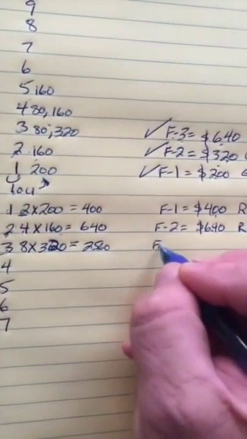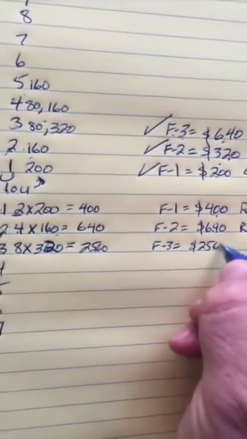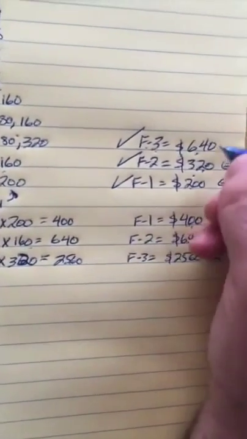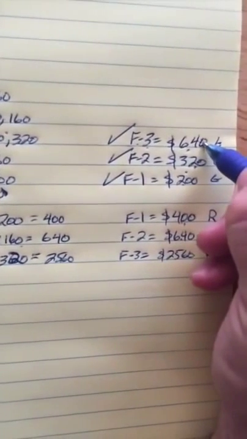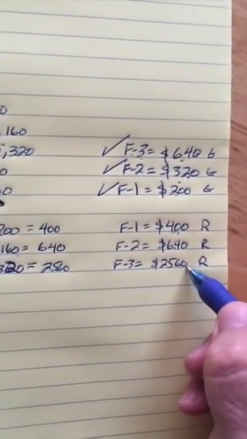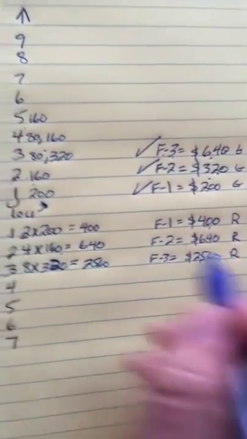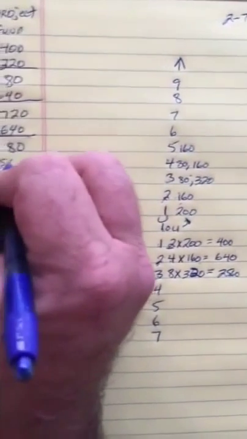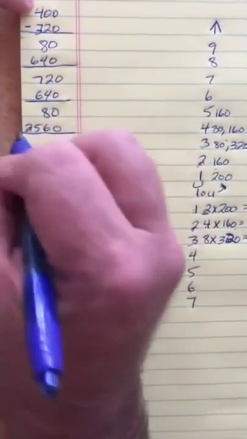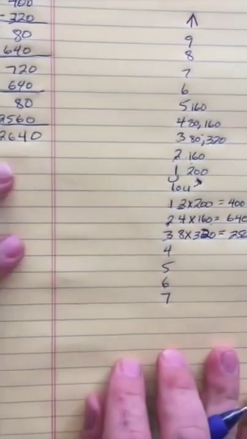So floor 3 equals $2,560 that you received. So you gave $640 on floor 3, then you received $2,560 on floor 3 below you. Now, we're going to take the $2,560 over here, add it to your 80, and you now have $2,640. Okay, you see how that works?